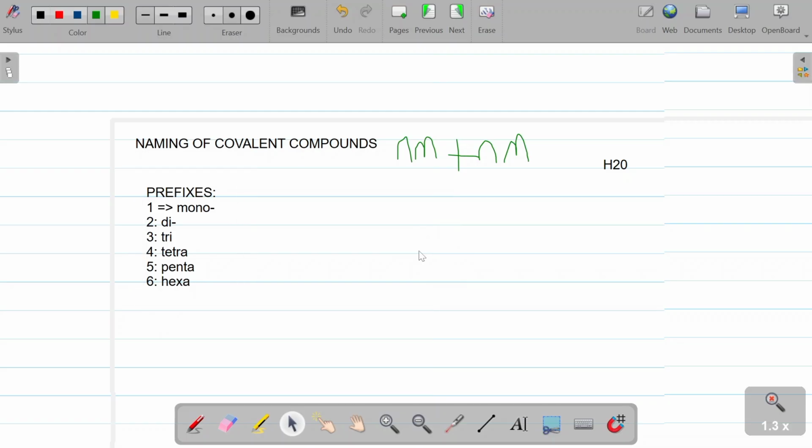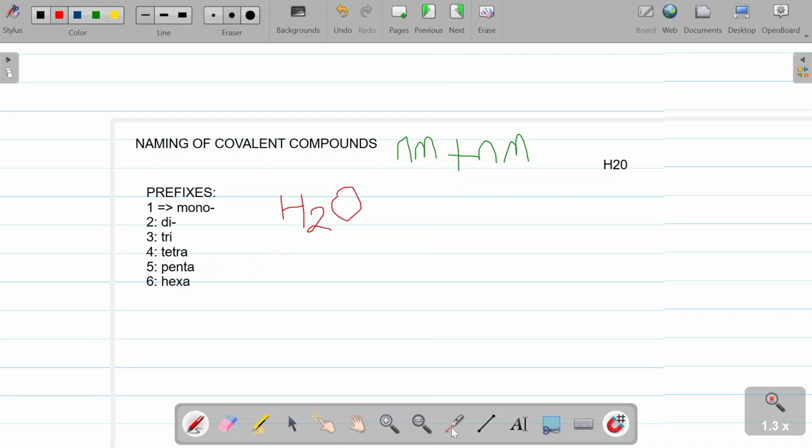So let's use H2O for example. Now there are two elements in this compound.